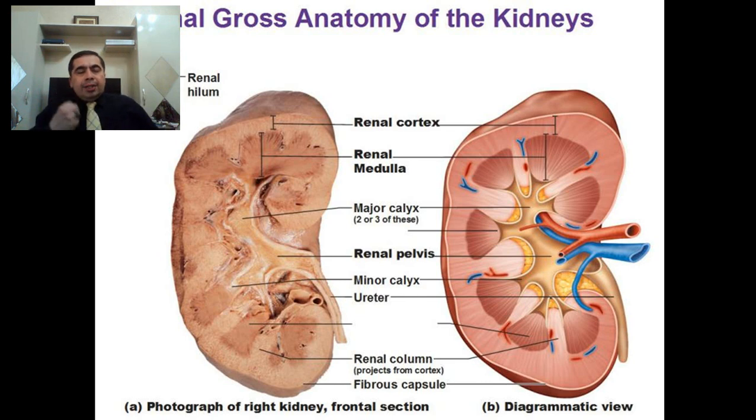The internal structure of the kidneys is a very important moment, because in the cross section of the kidneys we can observe that the mass of the kidneys is not homogeneous. The substance of the kidney is divided into two parts: external, which is dark, the cortex renalis, and internal, which is slightly light, the renal medulla.